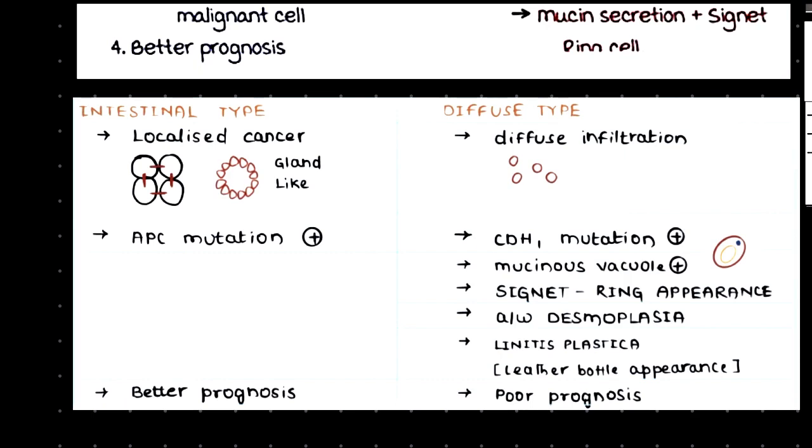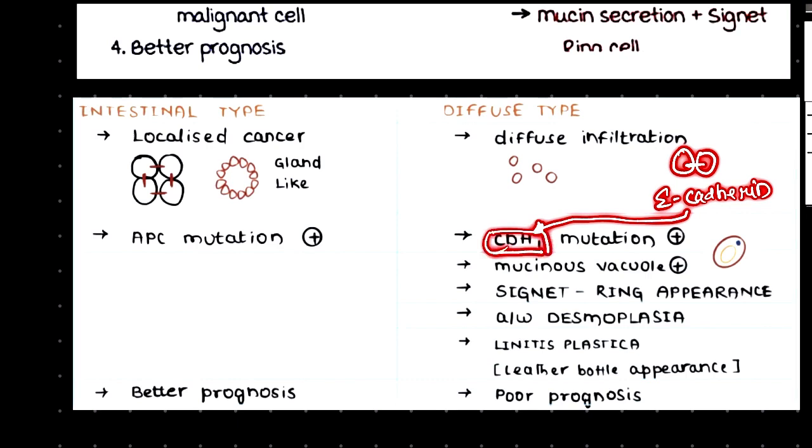And if you remember, previously I mentioned that there is one protein that will help in adherence of two cells, so that they will be together, right? And what was that protein? That was E-cadherin. And this E-cadherin was coded by our CDH1 gene, right?